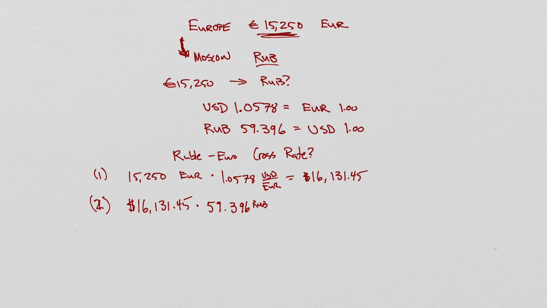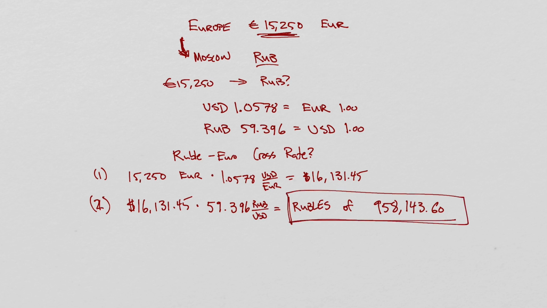That gives me a value in rubles of 958,000. 958,000 rubles is what I end up with. So I translate from my backpack at the exchange rate using these two numbers, 15,000 euros to this many rubles.